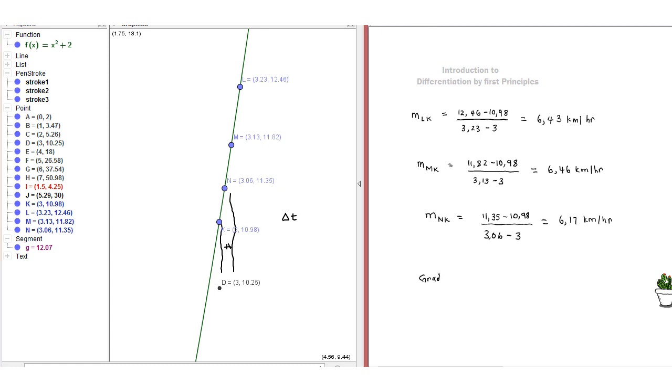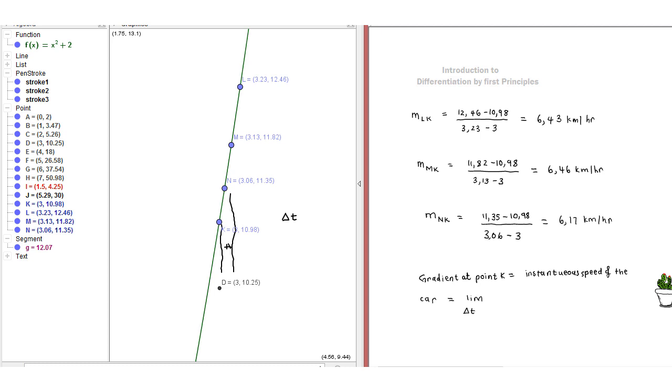So we say that the gradient at point K is essentially the instantaneous speed of the car, and this is equal to the limit as we take change in time intervals which are getting smaller and smaller, but not actually equal to 0, but closer and closer to 0.